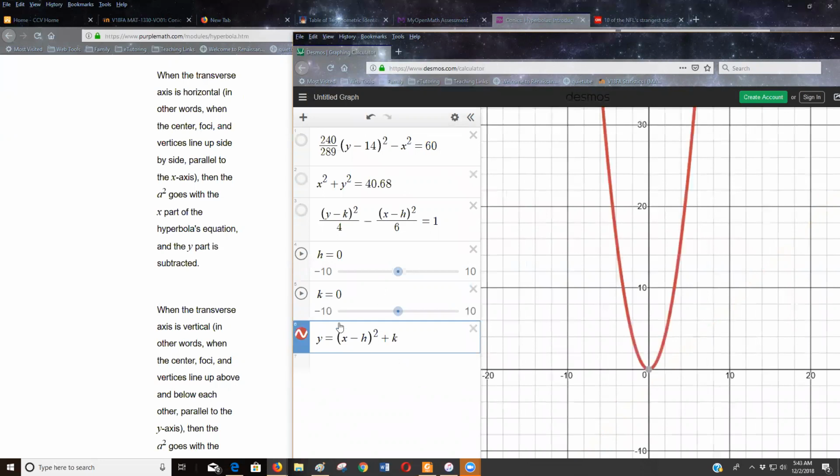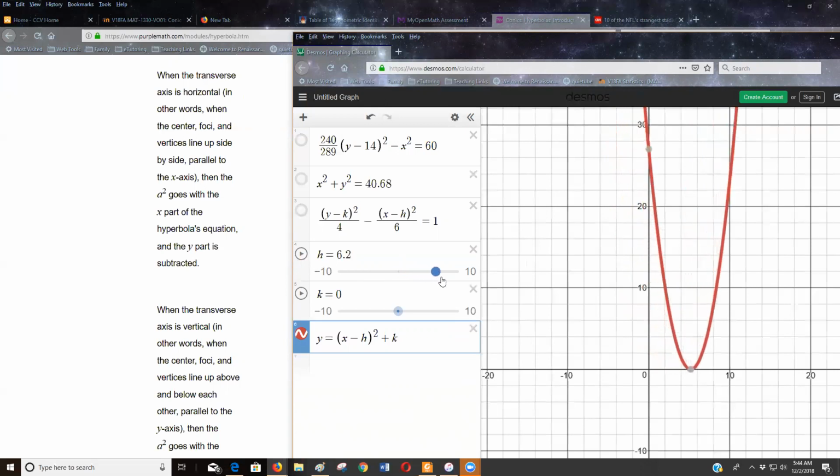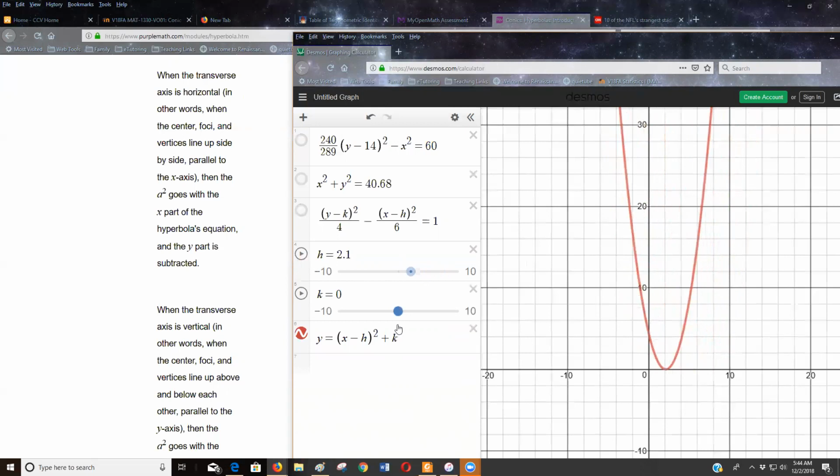So do you remember when we have a value inside the argument of a parenthesis, we can shift it left and right, so that's the left-right shift for the x. And then the y is the k part where it shifts it up and down.